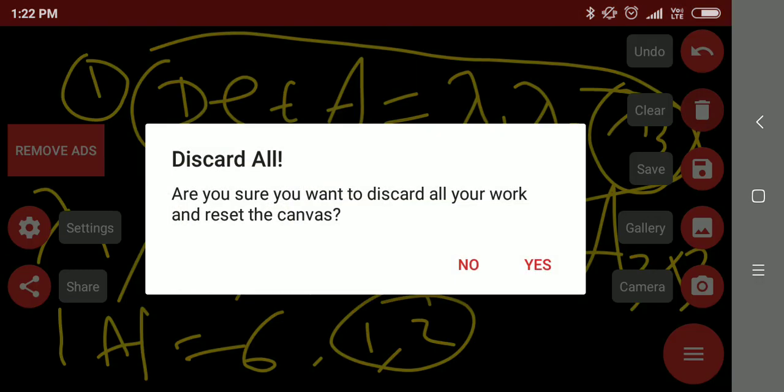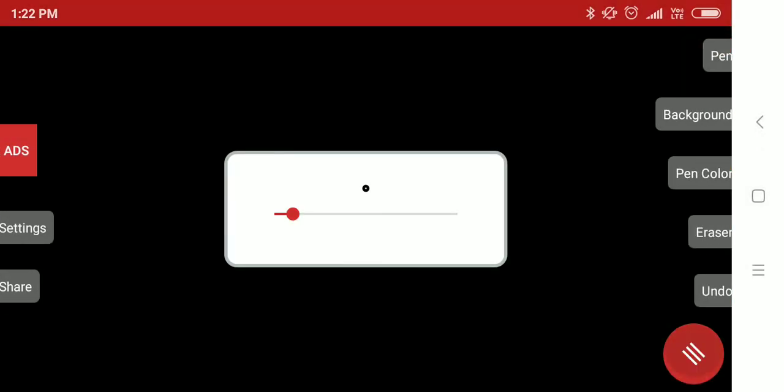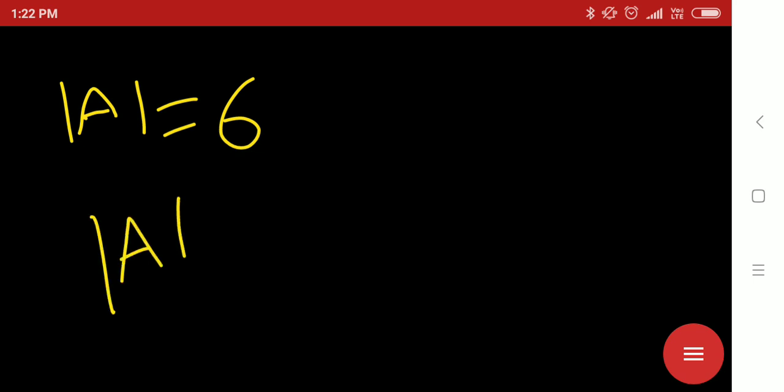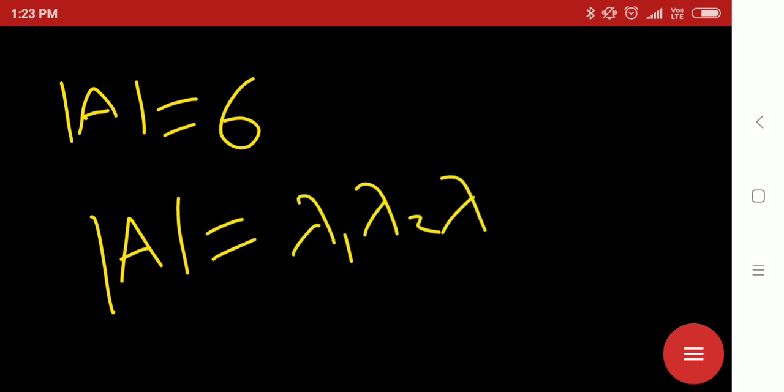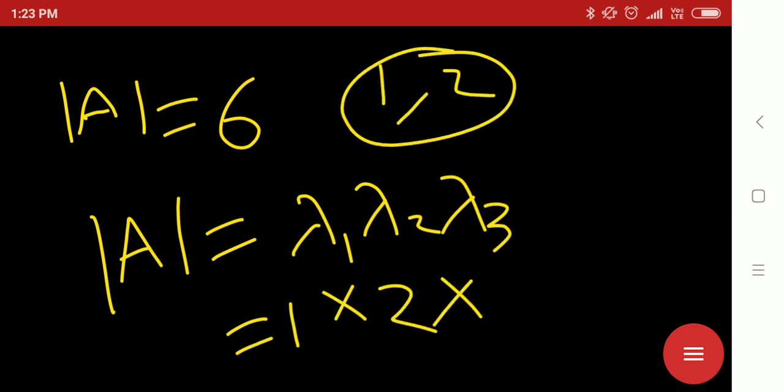Okay, let's start. The determinant of A equals 6. So what will we do now? The determinant of A equals lambda 1 into lambda 2 into lambda 3, equals 1 into 2 into lambda 3, since two eigenvalues are given to us. Here the determinant equals 6.